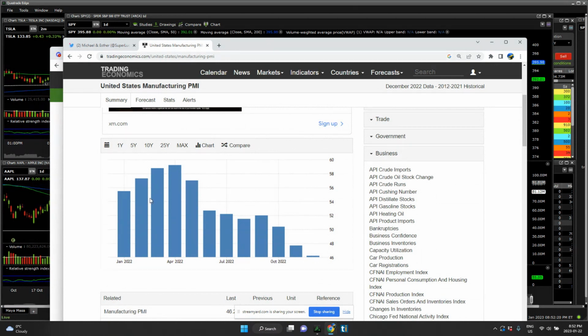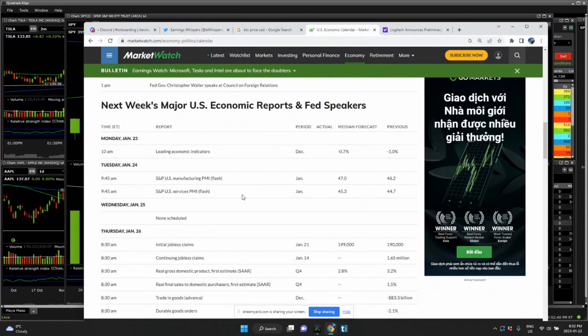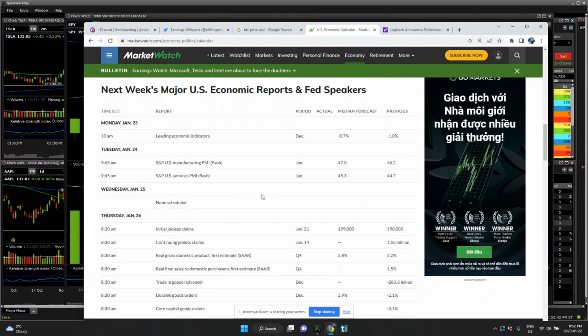This is manufacturing in the United States, and it is dropping off. If the market sees something like 43, 42, that supports the idea that we are already in a recession. I can't imagine this being bullish going down anymore.